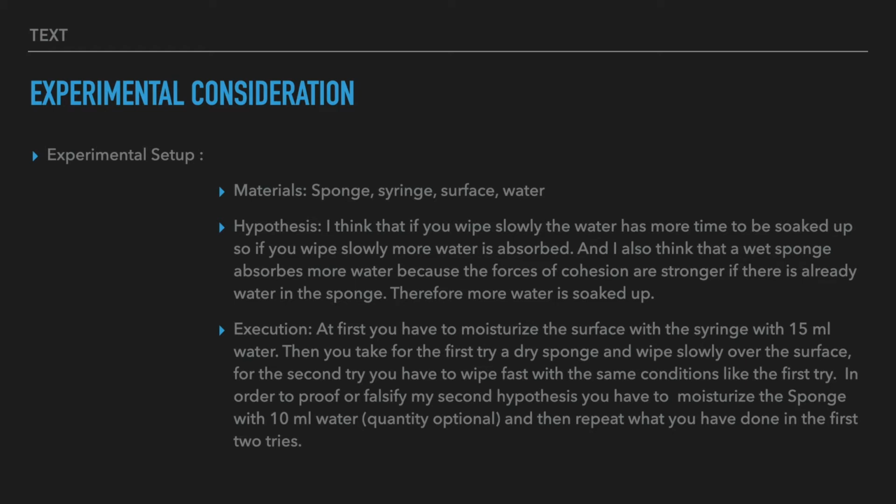In order to prove or falsify the second hypothesis I had, you have to moisten the sponge with an optional amount of water again. I took 10 milliliters, which should be less than the overall volume of the sponge. Then you repeat what you've done for the first two tries, so one slow wipe and one fast wipe. The results of that can be seen in the following videos.